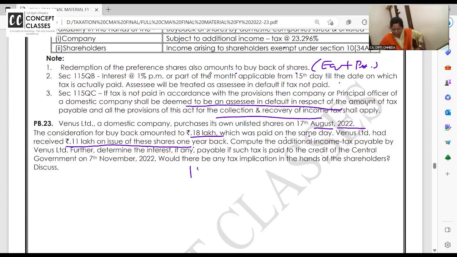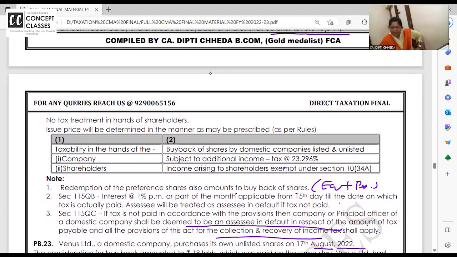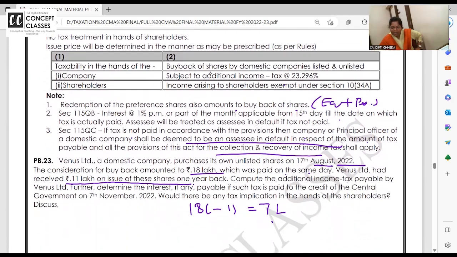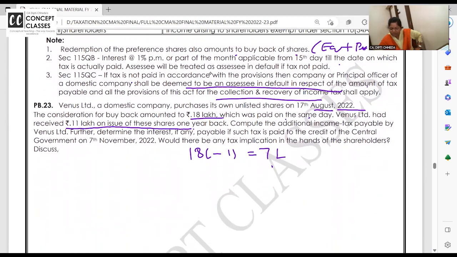You have purchased back your own shares, which you issued for 11 lakhs, for 18 lakhs. So how much is the distributed income, or buyback profit, for the shareholder? 7 lakhs. On this, tax should be paid by the company. At what rate? 23.296, correct? And this tax should have been paid within 14 days from 17th August.